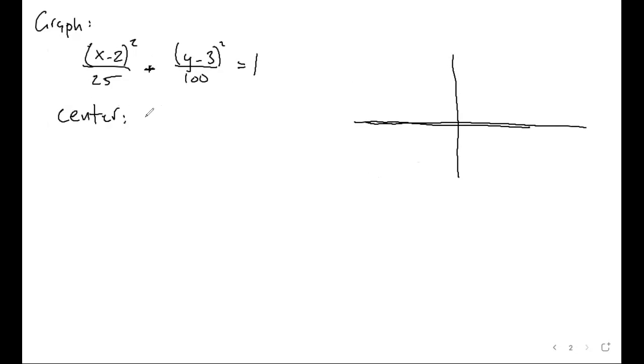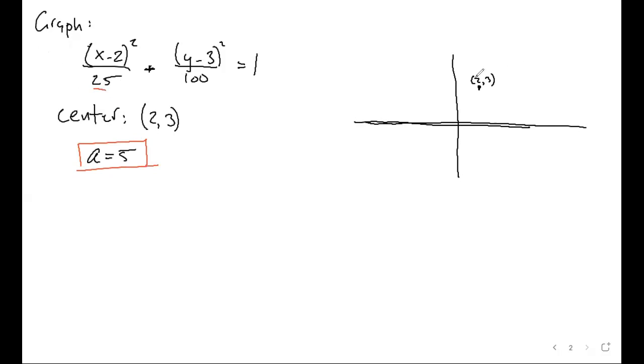Well, hopefully you can see that the center is (2, 3). Hopefully that's not too hard to see. So (2, 3). Okay, fine. And here this is saying my a is equal to 5. So a is equal to 5 because it comes from here.